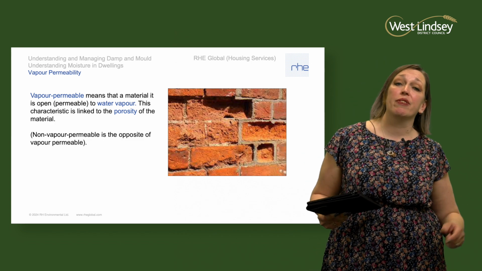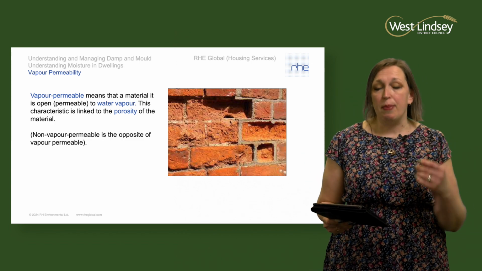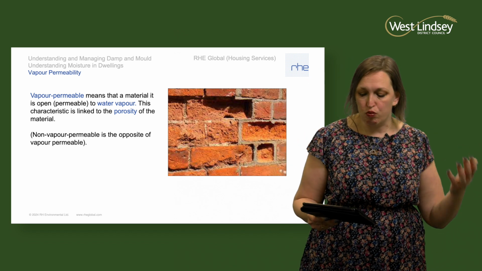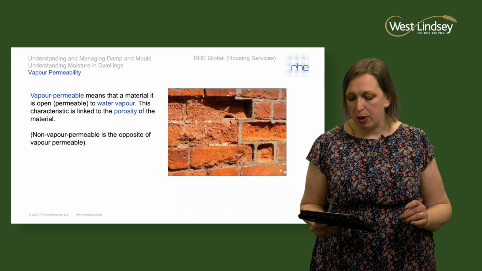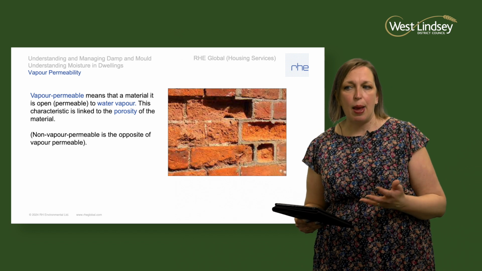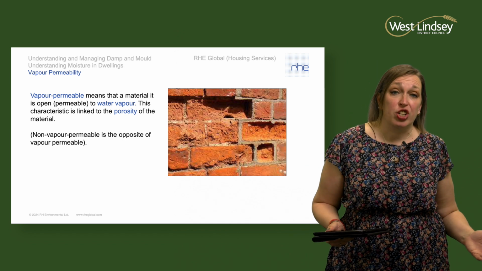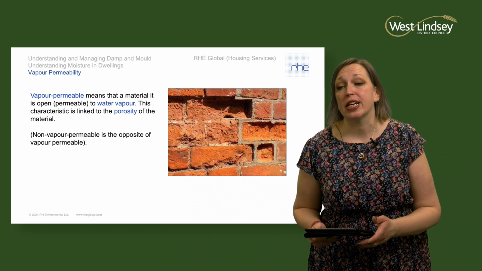And we can see those kinds of issues internally as well. If a building's designed to be vapour permeable, but it's been replastered and repainted with non-vapour permeable materials, that can actually impact our moisture management as well. And sometimes you might need to bring in a specialist to help you diagnose those particular issues.